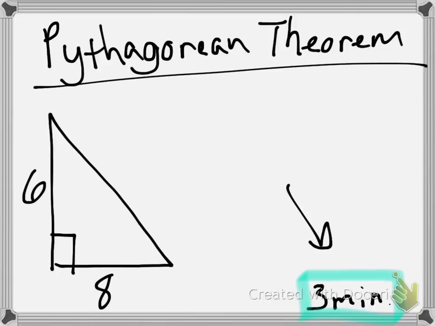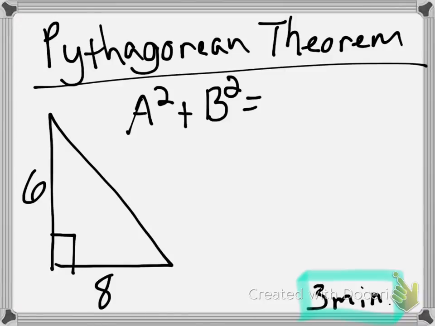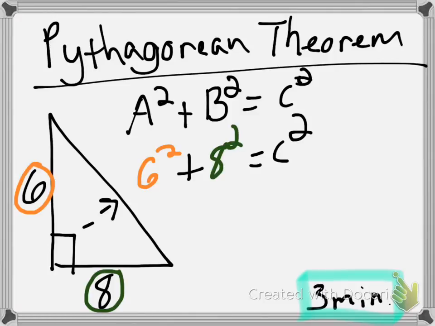Pythagorean theorem. This one you're going to have 3 minutes. Just remember that it's a squared plus b squared equals c squared. Go ahead and begin. So, all I've done is I took A and put it there, and B and put it there, because I don't know what C is.